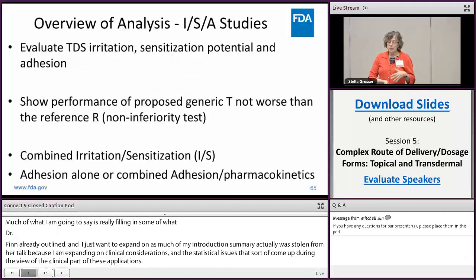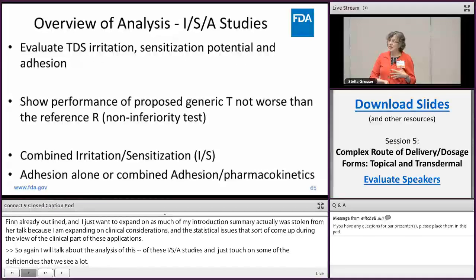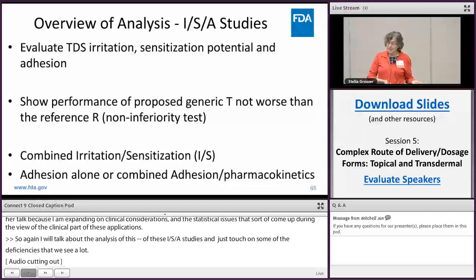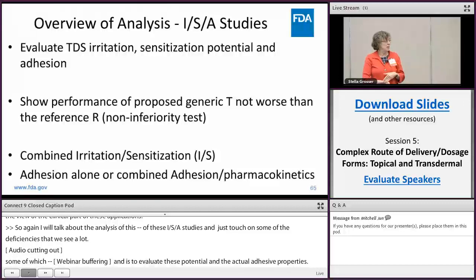So the whole point of irritation, sensitization, and adhesion studies in transdermal system generic ANDAs is to evaluate these potentials and the actual adhesive properties. We want to show that the performance of the test product is not worse, or not too much worse, than the RLD.